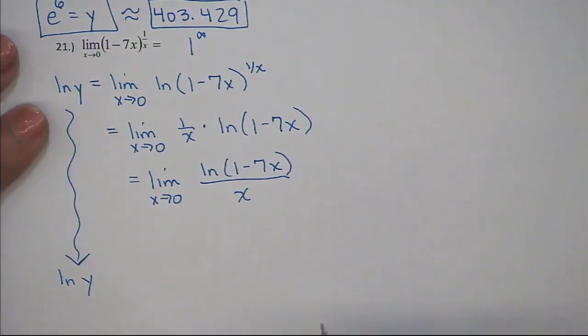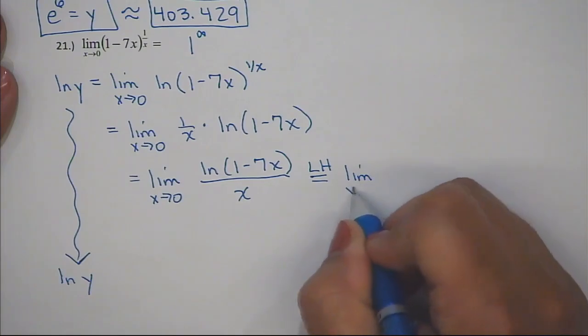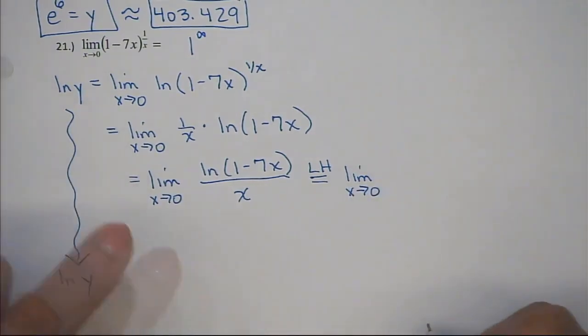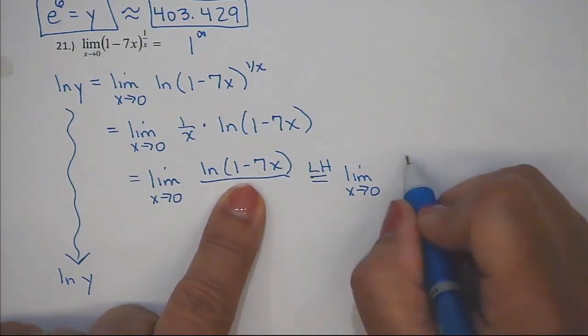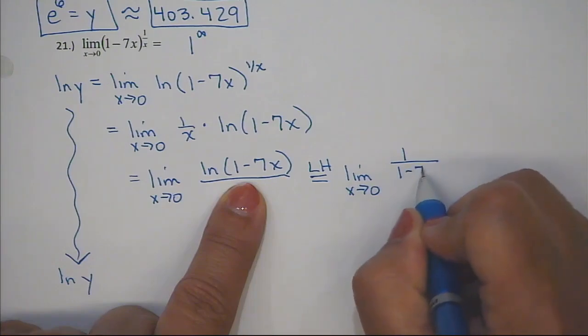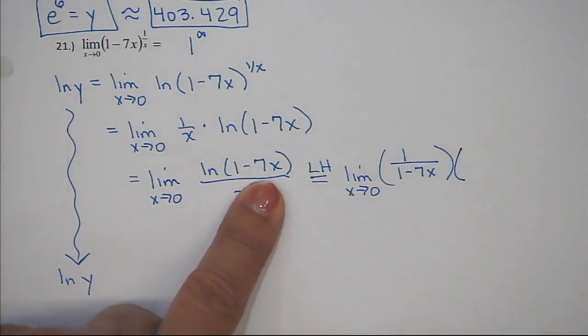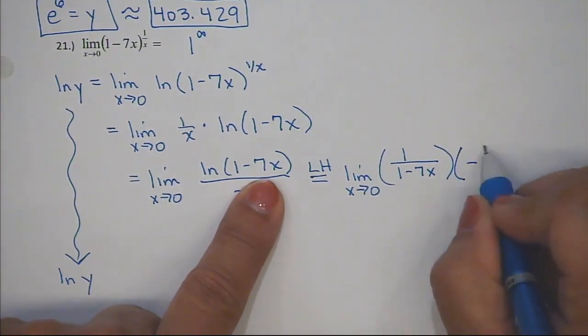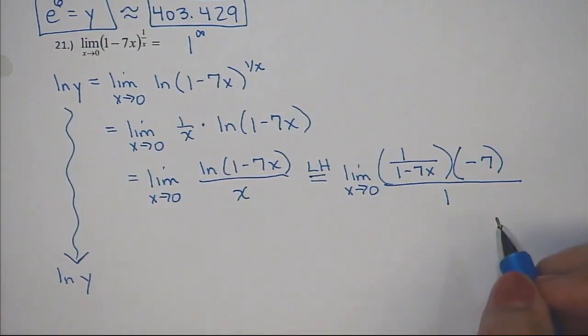So let's see what we get. All right. So the derivative of natural log in the top is 1 over whatever you're taking the natural log of, times the derivative of the inside, negative 7. Over the derivative of the bottom, which is just 1.